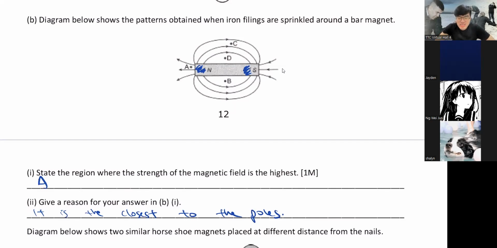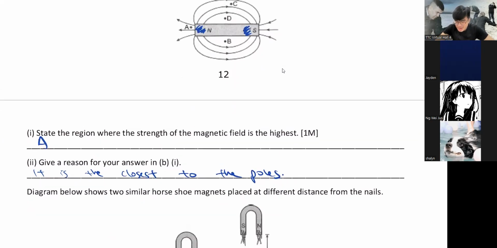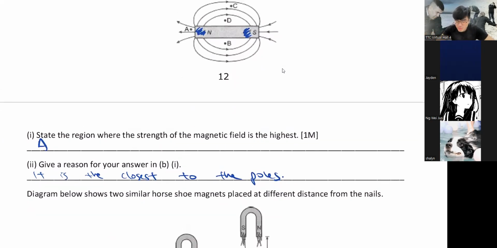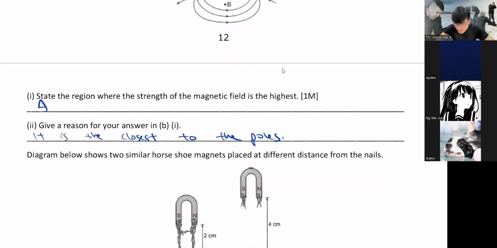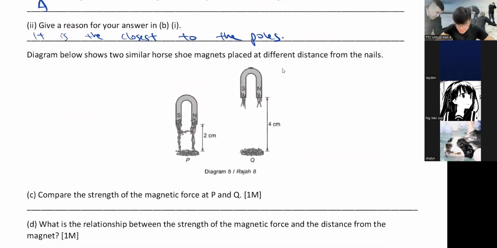Maybe you are 60 kilo in Malaysia; if you fly to the North Pole or South Pole, you'll be 60 point something, a little bit heavier, because gravity is stronger there. Because it's very close to the poles, gravity is also stronger. Same thing with the magnetic field.